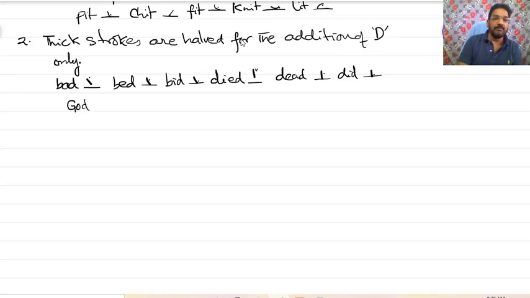God, G halved, first place light dash. Guide, G halved, I diphthong. Avoid, even avoid is a single syllable word, V halved, avoid.